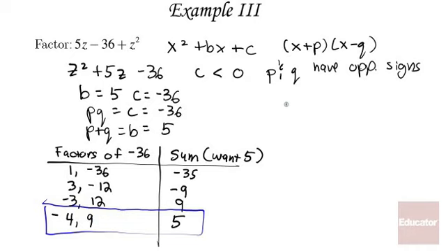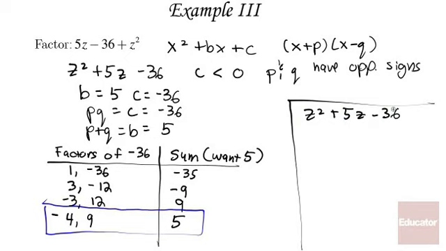Going back and writing this again, I have z squared plus 5z minus 36, and I want to write that in factored form. I know that my p could be negative 4 and q equals 9, or I could certainly do it the other way.